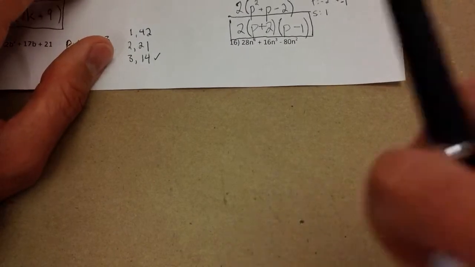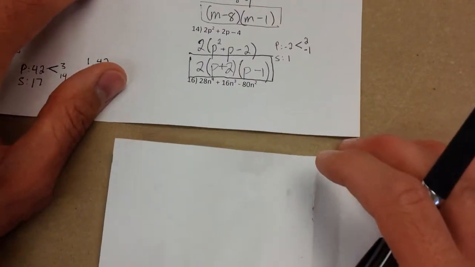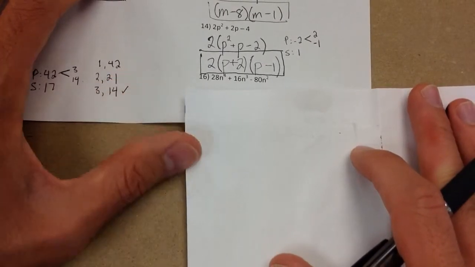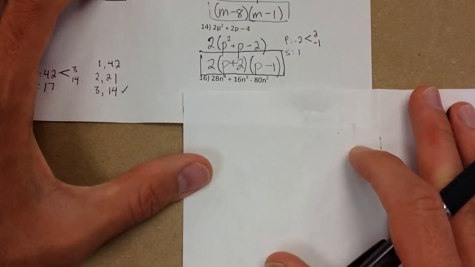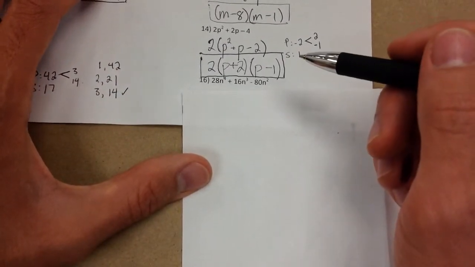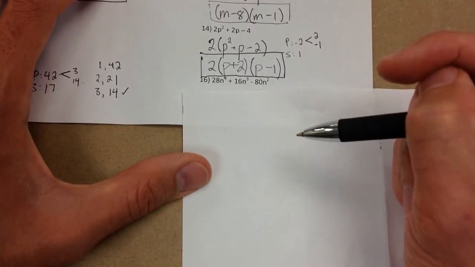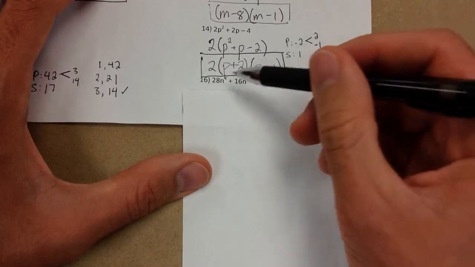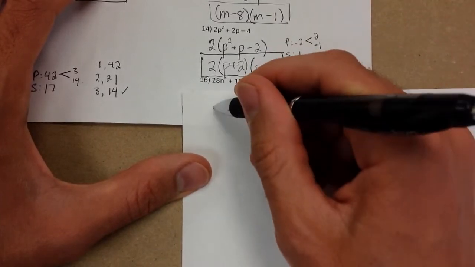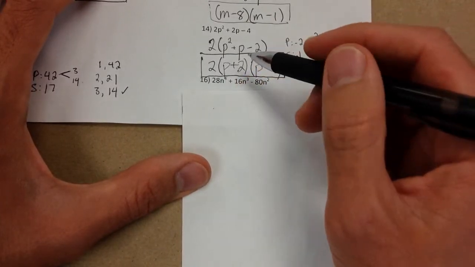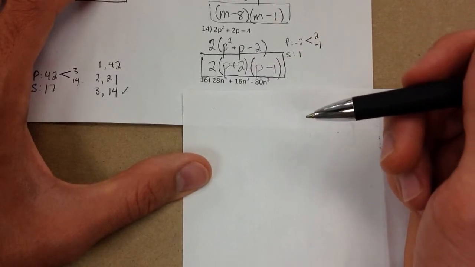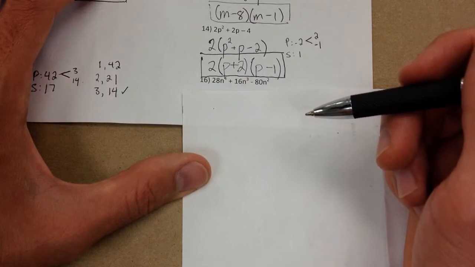Back to number 16. As I was saying, not a quadratic expression, but we can use quadratic techniques once we factor out the GCF. So the greatest common factor here is going to be 4n squared. It's the largest number that goes into all three terms. If you're having difficulty figuring out the numerical portion of it, you can start listing the factors of each and find the largest factor.